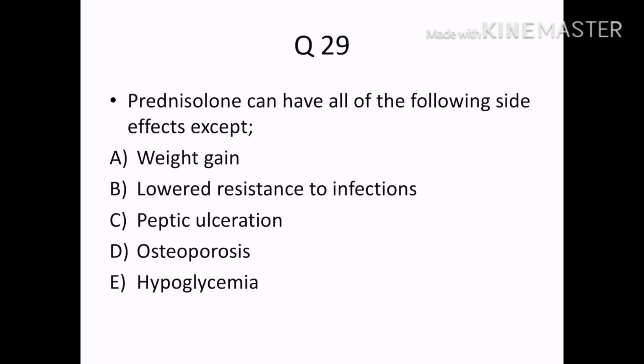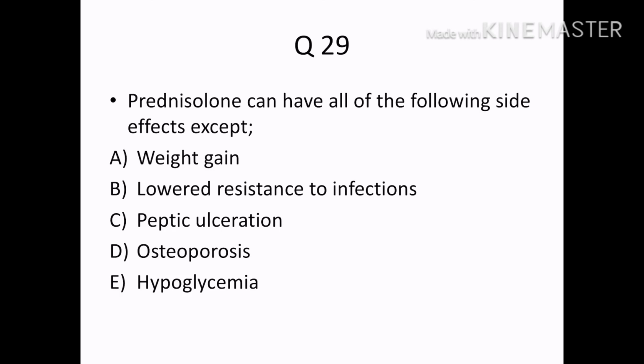Question number 29. Prednisolone can have all of the following side effects except: weight gain, lowered resistance to infections, peptic ulceration, osteoporosis, hypoglycemia. Now, prednisolone is a corticosteroid and can have various side effects. But which of the following is not its side effect? The answer is E. Hypoglycemia.